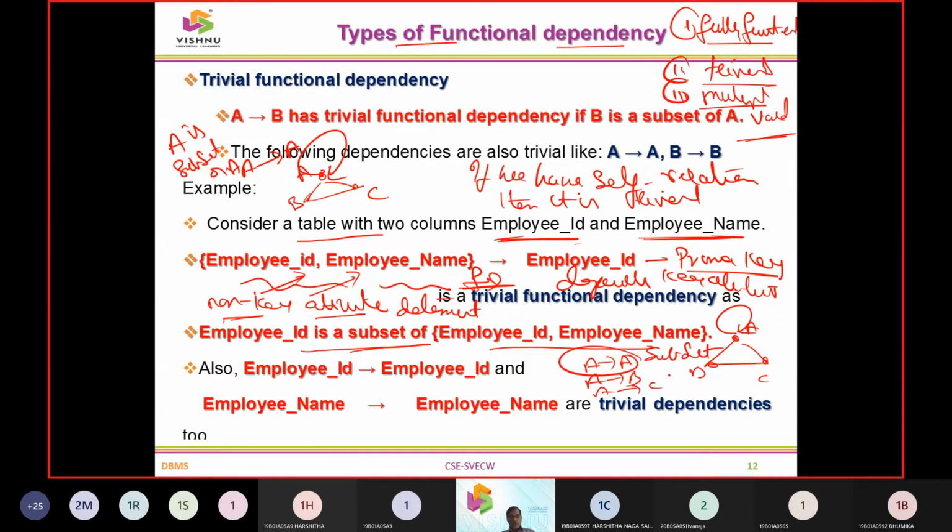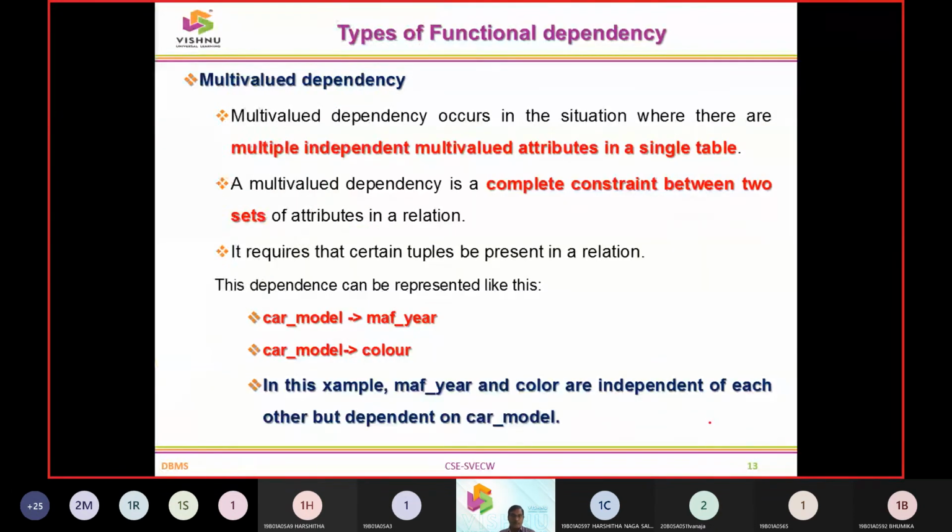A self relation is also going to be a subset. And if the dependency is going to have a subset, then we call those dependencies trivial dependencies.